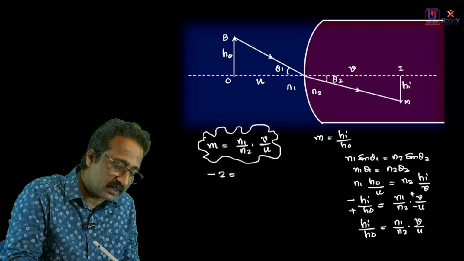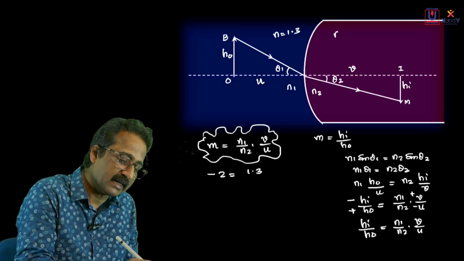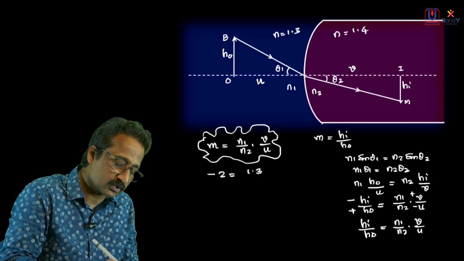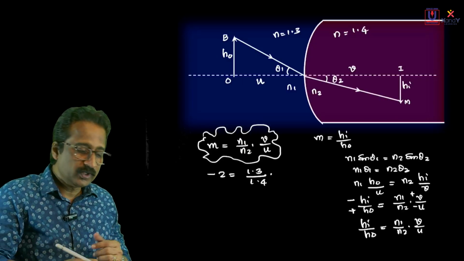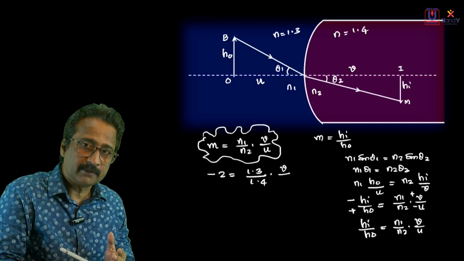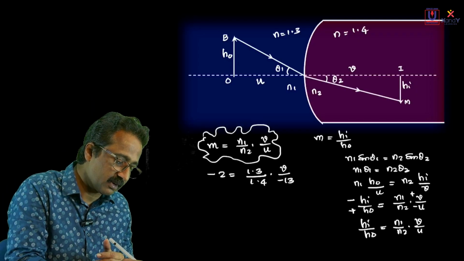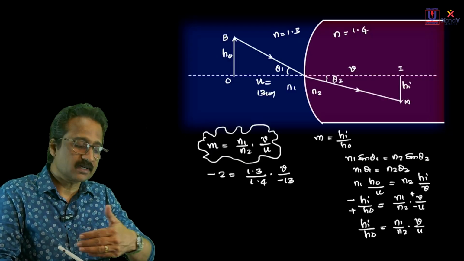N1 is 1.3, because in the question N is given as 1.3, and N2 is 1.4. So 1.3 divided by 1.4, into V by U. V is the only unknown quantity here, and U is minus 13. You remember, U was given to be 13 cm in the question, so that is minus 13 according to sign.